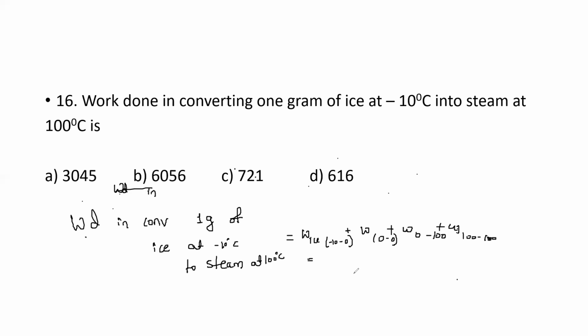Initially ice is at minus 10 degrees Celsius, it will get converted to ice at 0 degrees Celsius. Then that ice will get converted into liquid at the same temperature. Then work done from 0 to 100 degrees Celsius.